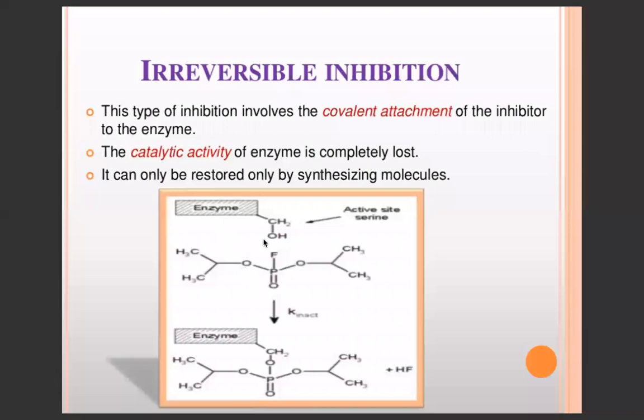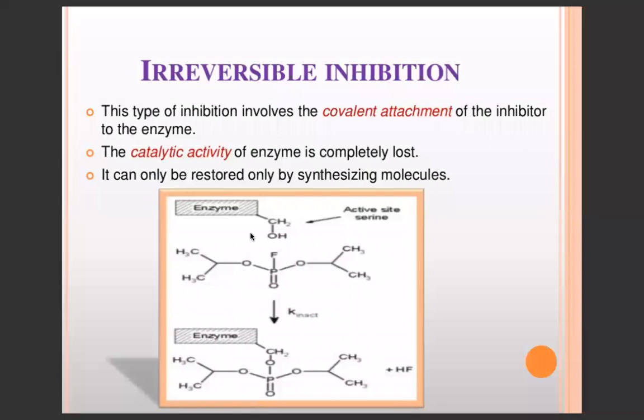This is the enzyme, and the active site of the enzyme is CH2OH. It will attach to the irreversible inhibitor.